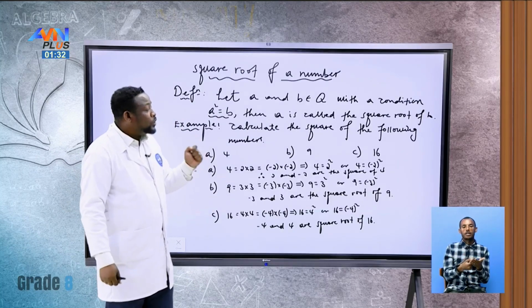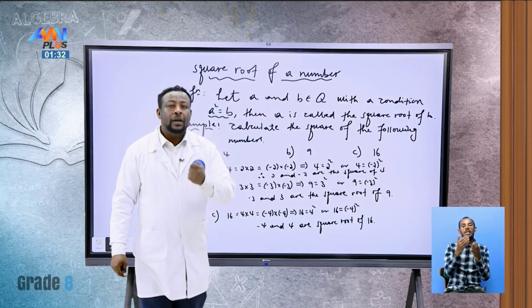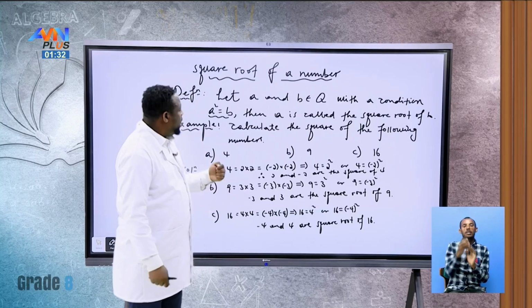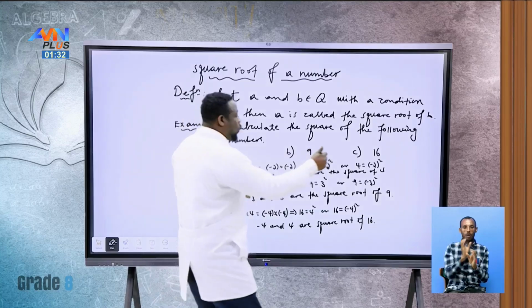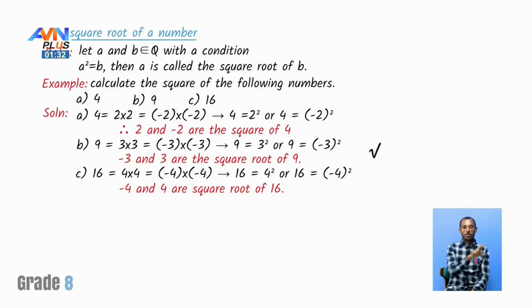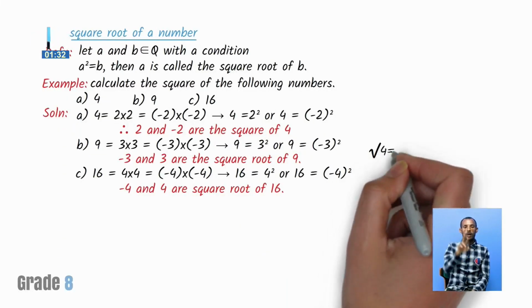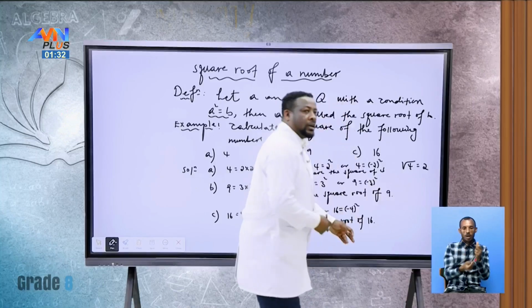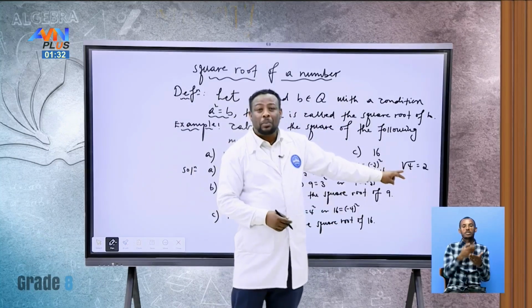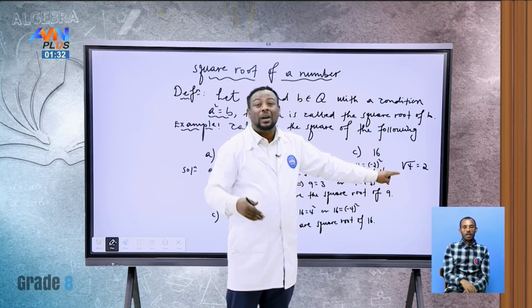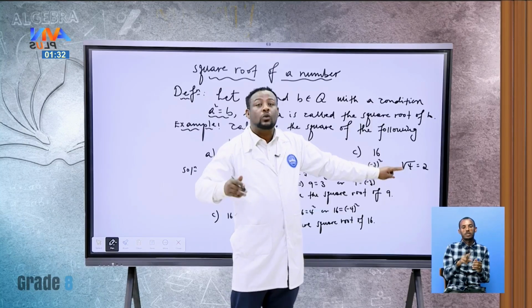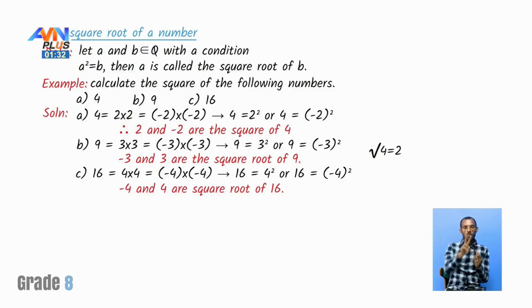Here, I want to tell you some exceptions. For example, if we are asked to calculate the square root of radical 4, radical 4 is only 2. This is a principal square root. The principal square root of 4 is only 2. But if you are asked to respond with the square root of a number in verbal form, the square root of 4 is 2 or minus 2.